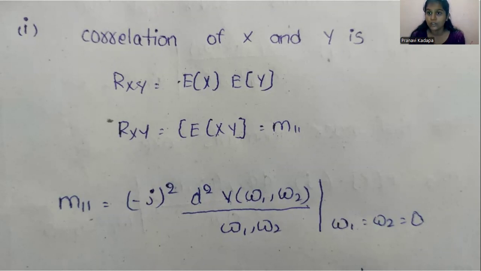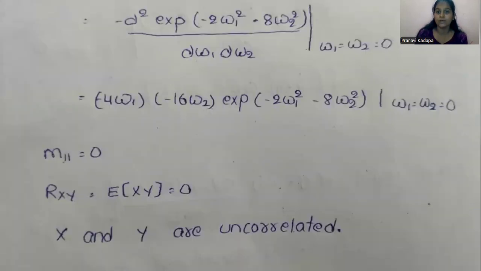Now we have to find the M11 value. So M11 is given as minus j whole squared d squared of phi X,Y of omega 1, omega 2 by d omega 1 d omega 2, where omega 1 and omega 2 are 0.